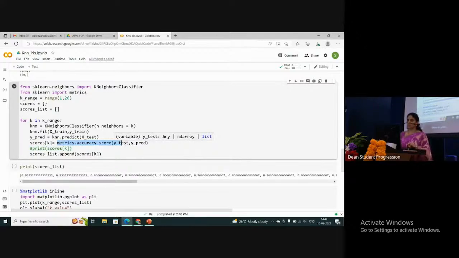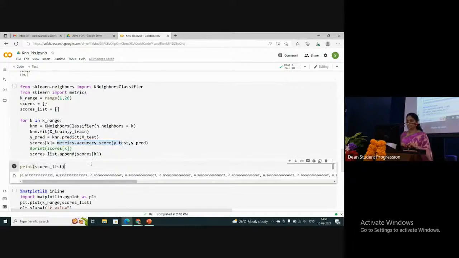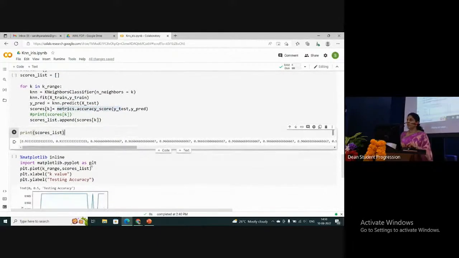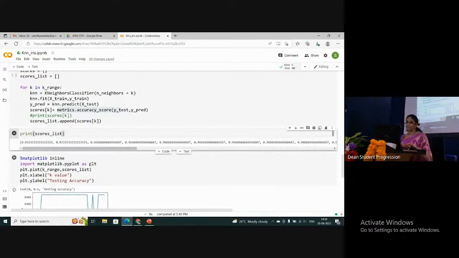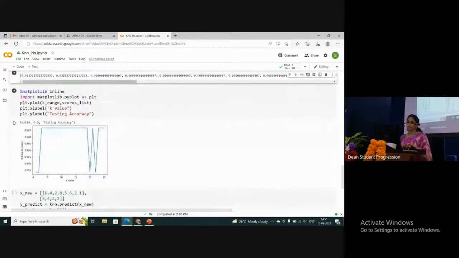Now I take that and print it here. You can also come up with a curve, maybe a bell curve, using matplotlib or Seaborn. Use one visualization technique and try to draw this. For example, I have used matplotlib. I took the k values on the x-axis, and on the y-axis I have all the testing accuracies.